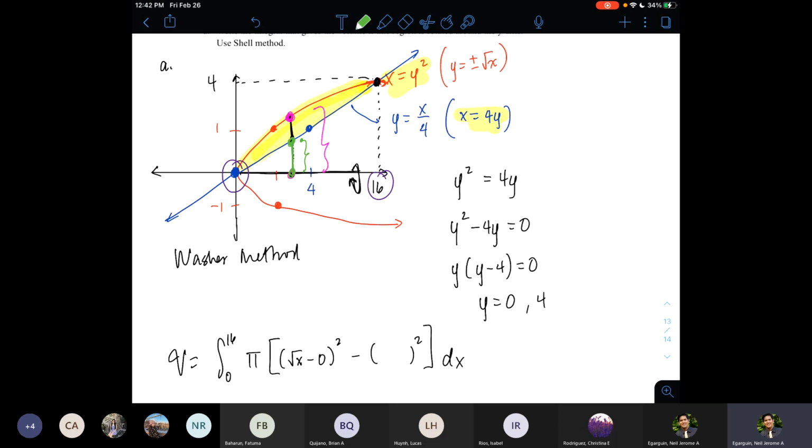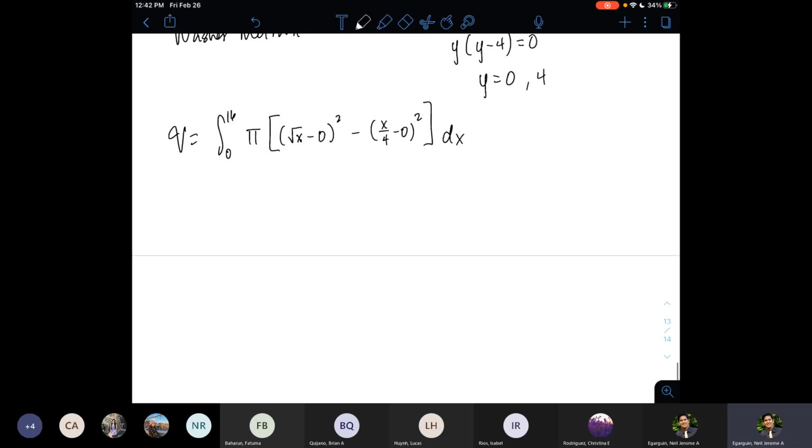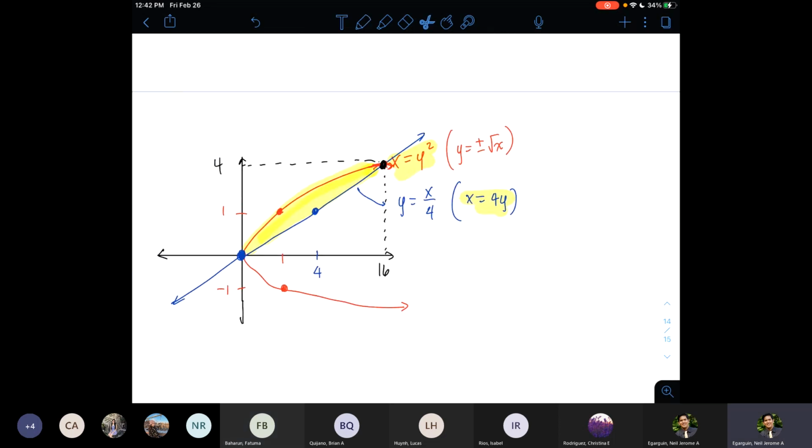But the top would be the blue line. The bottom is y equals 0. So that means this would be x over 4 minus 0. So when you evaluate this, this would be the integral that will give you the volume. Okay? Is that good? Yes. Okay, and then let's try part B.